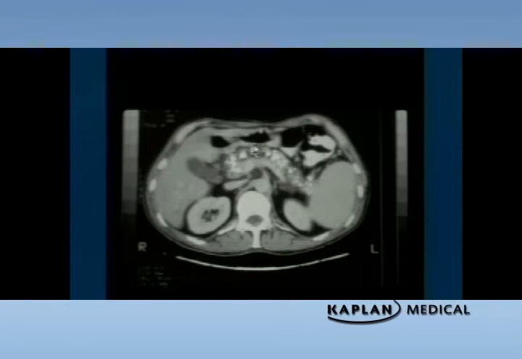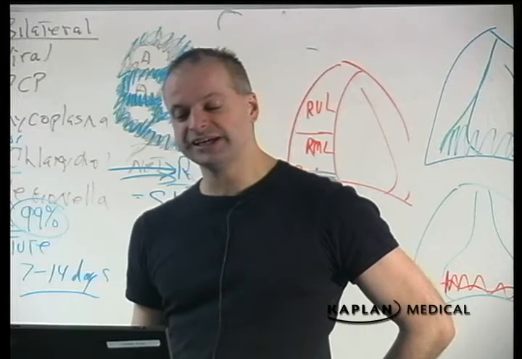This is a calcified chronic pancreatitis, a beautiful shot of calcium in the head, the body, the tail of the pancreas. The most accurate test would actually be a secretin stimulation test.